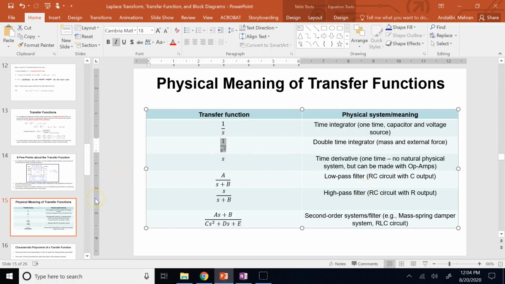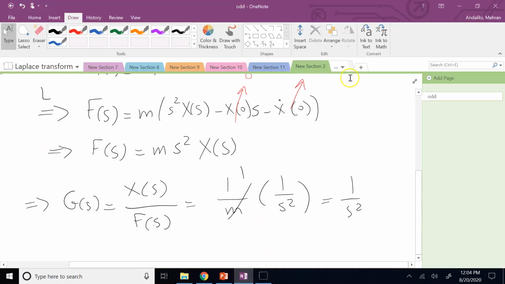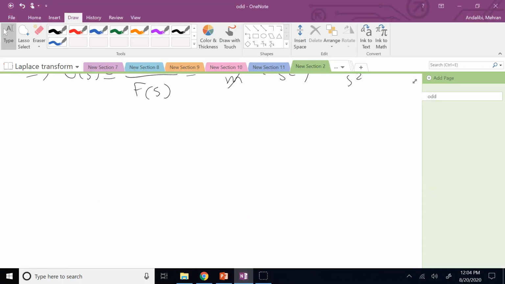Just to do a little bit more practice very fast, let me show you this first one too, since I mentioned the time integrator is a capacitor and a voltage source. So let me show you that as well. So here you have an electric circuit, you have a voltage source, and then you have a capacitor.